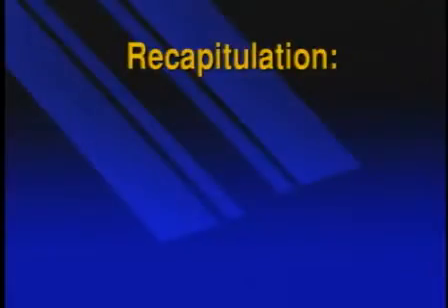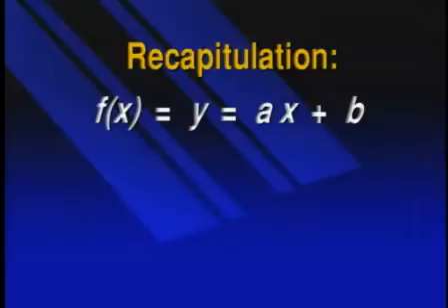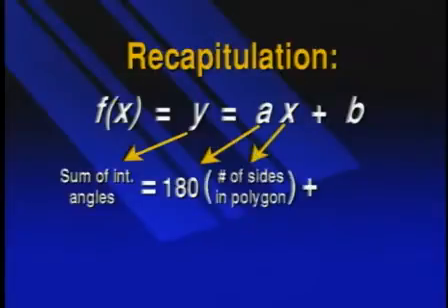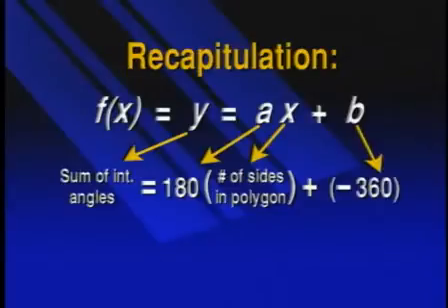Let us recap what we found in investigation number 2. We dealt with polygons, and we found a linear relationship of the form f of x equals y equals ax plus b, where y is the sum of the interior angles of the polygon, and a is 180, that was the slope, and x is the number of sides, and b was negative 360.